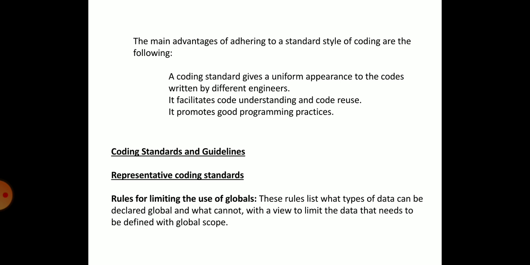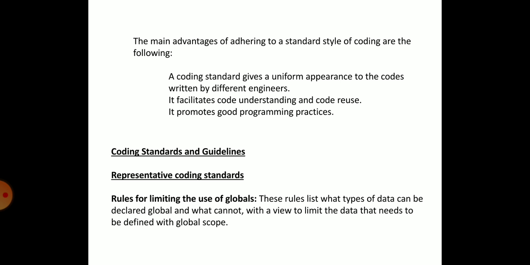So this rule is formed with a view that the global data specified in a software should be limited, to limit the data that needs to be defined with global scope. A maximum number of variables in a program should not be declared with global scope.